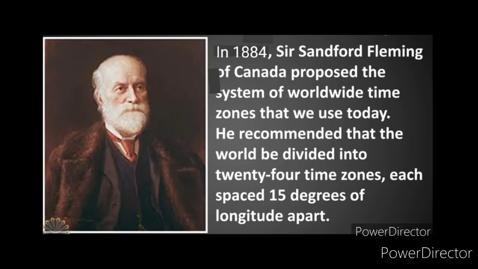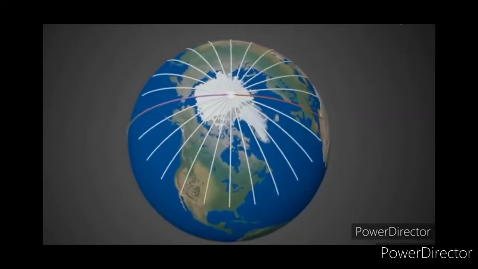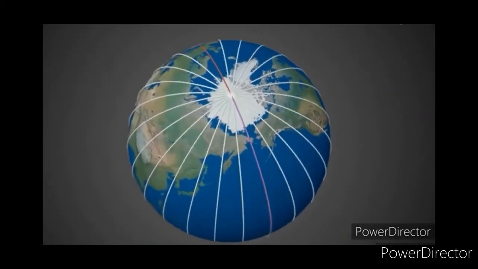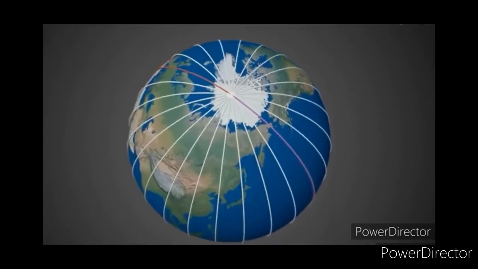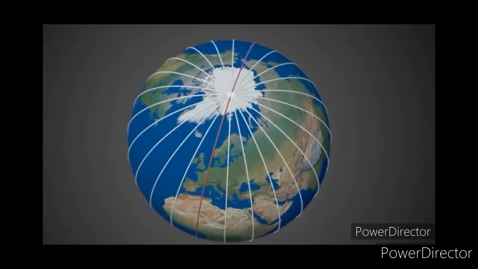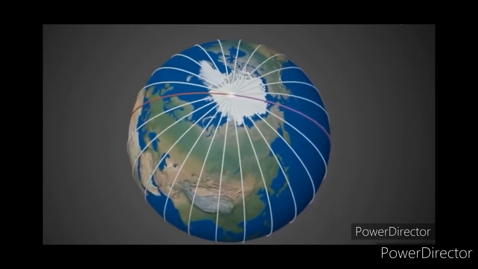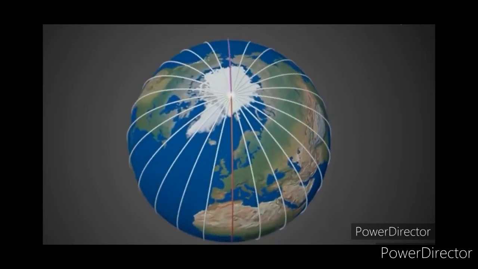It was recommended by Sir Sandford Fleming of Canada in 1884. He proposed a system of worldwide time zones, which we have today. Time zones are geographical divisions of the globe, created to help people know what time it is in another part of the world. So let's understand what time zones are.